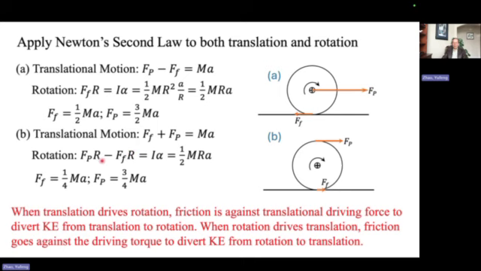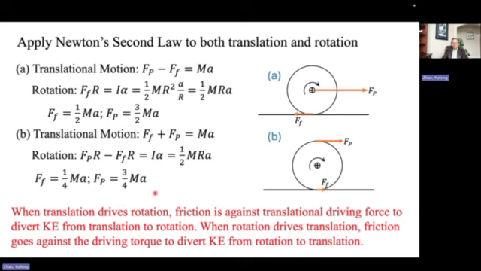So that is F friction times R. So the net torque equals Fp times R minus Ff times R, equals the rotational inertia times angular acceleration, equals 1/2 m times R times a. So we can see with these two equations, we can solve for Ff and Fp.